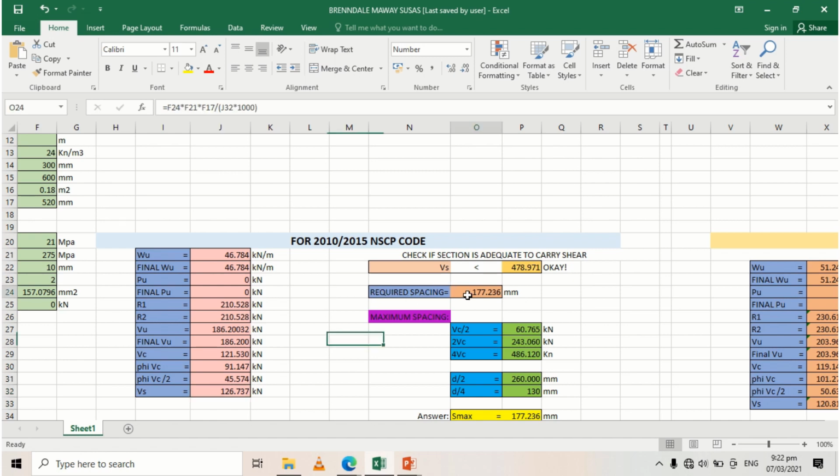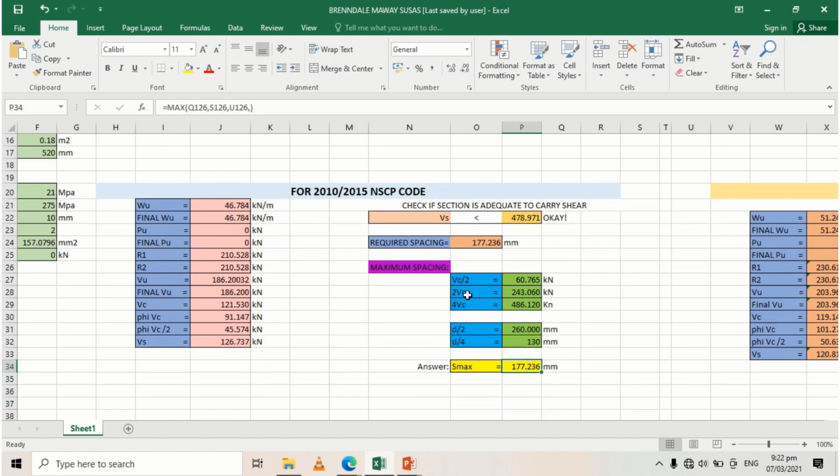Ayan. So, required spacing ito, 177.236. And as we can see, yung S-max natin is 177.236. Itong required spacing siya, no? So, equal siya sa required spacing. Why? Because makita natin dito, VS natin is greater than VC over 2 but less than 2 VC. 243 is greater than 126, diba? So with that interval, dyan mabibilang yung VS natin.